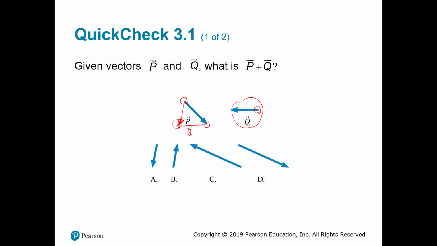This is why, if we come back to this question, we have a p vector here, and the q vector's location is here. So you cannot directly add these two vectors as we did here.